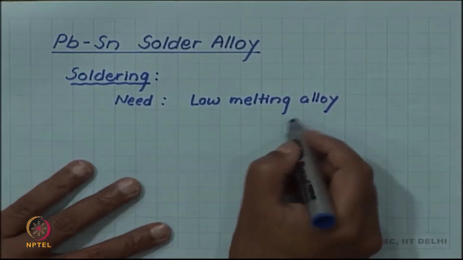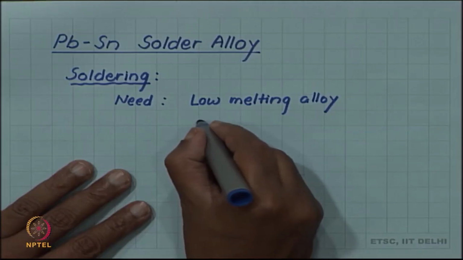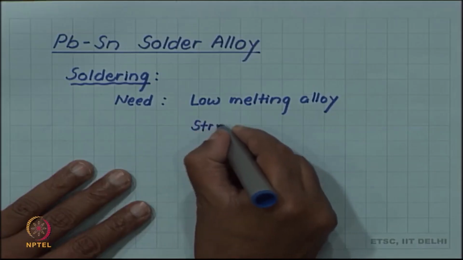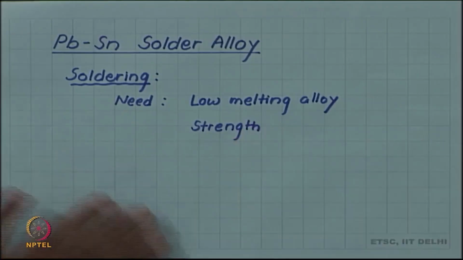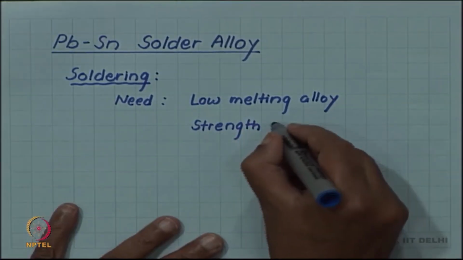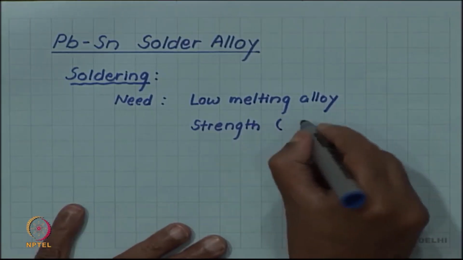And you need an alloy rather than a pure component or a pure element, because you also need strength. And you will see during the development of this course that alloys always have better strength than pure elements.